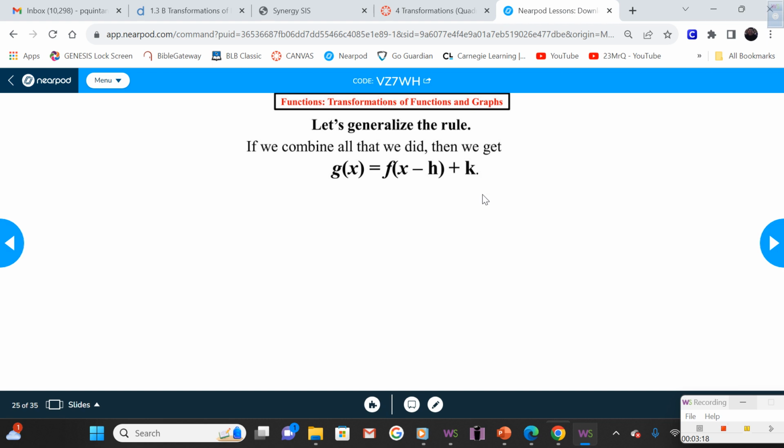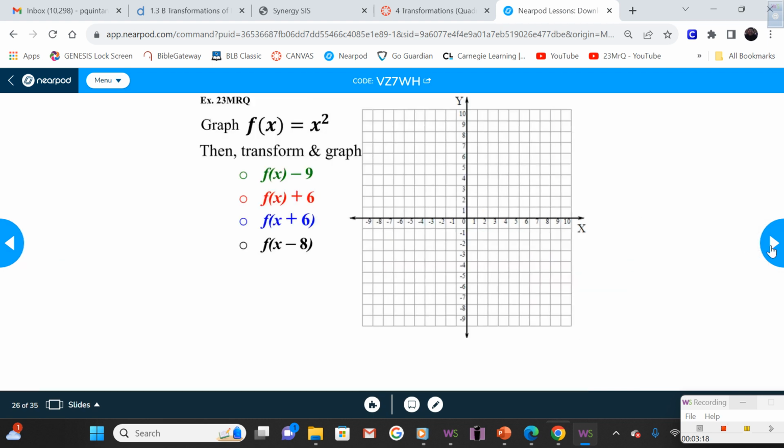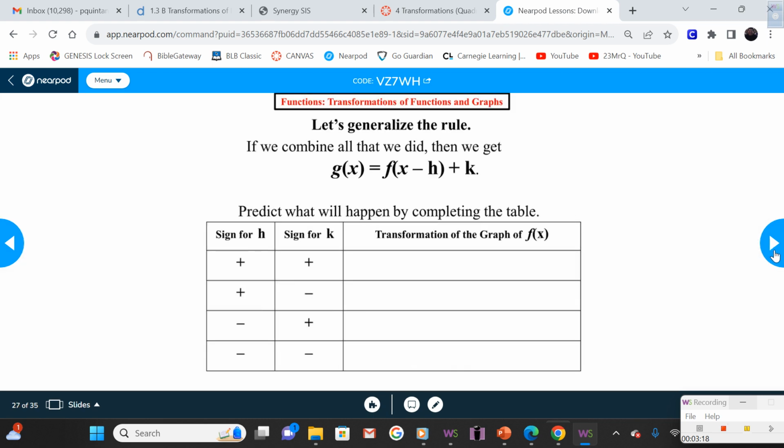Is that correct? So do me a favor on your Cornell note, write it again. But this time, I want you to copy a table underneath that rule. And it looks like this. Copy that table on your Cornell notes. So you're going to write the general rule, g of x equals f of x minus h plus k.